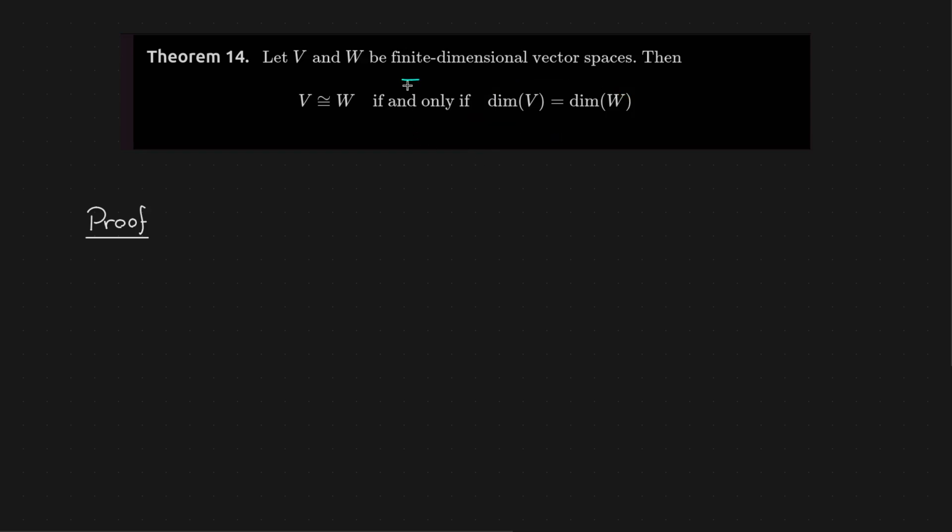Okay, we call that the only if direction. And if the dimensions are equal, then the vector spaces are isomorphic. That's the if direction. We need to prove both directions. We need to prove if one is true, then the other is true, and vice versa. All right. So let's start with the only if direction.